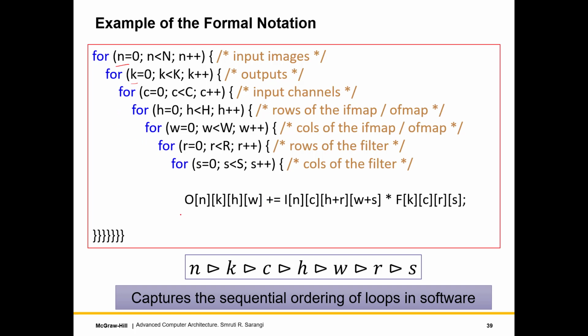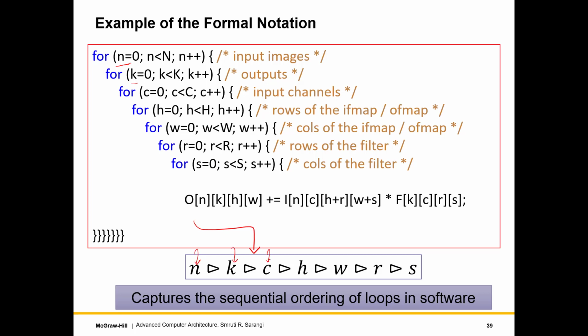So this entire piece of code can be represented like this, as just a sequential ordering of n, k, c, h, w, r, s. Why? Because that is the order of the iterators, and that is the order in which we have our loops and do our computation.